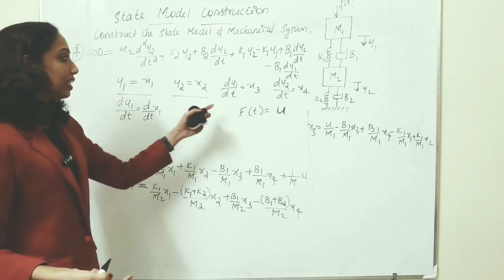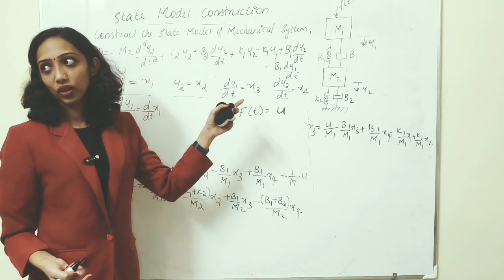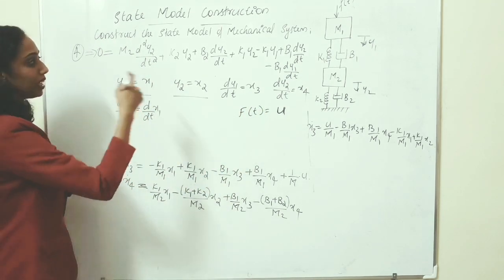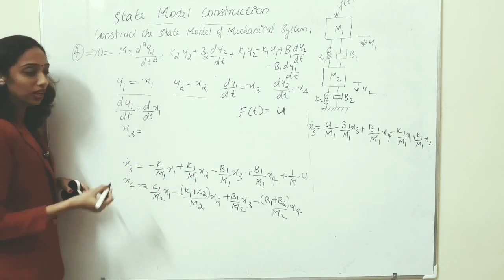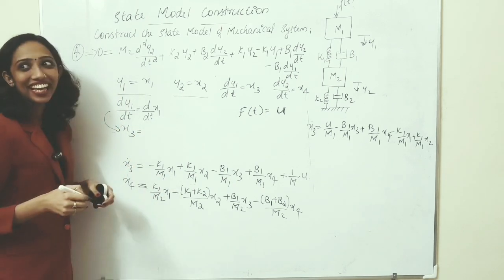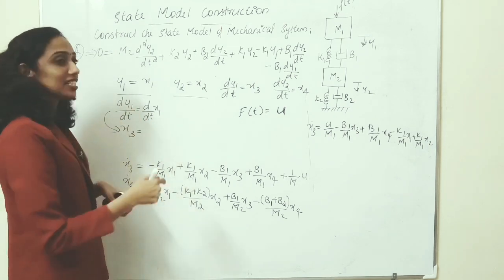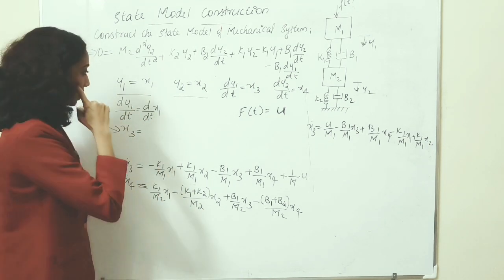We assigned dy1 by dt as x3. So I can write x3 is equal to dx1 by dt.